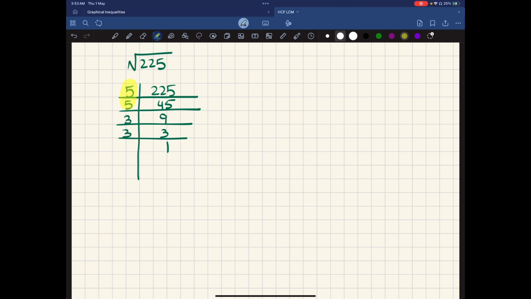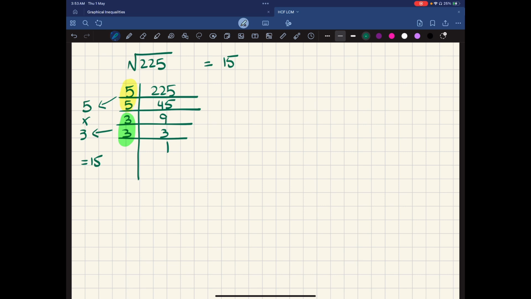So this is one pair. This is the second pair. And we're going to take 1 from each group. So 5 into 3, 15. So the square root of 225 is 15.